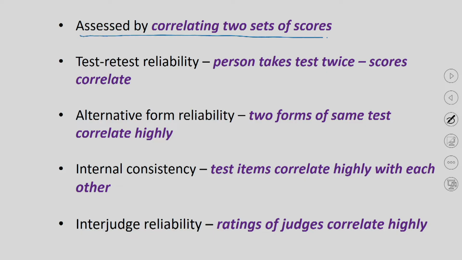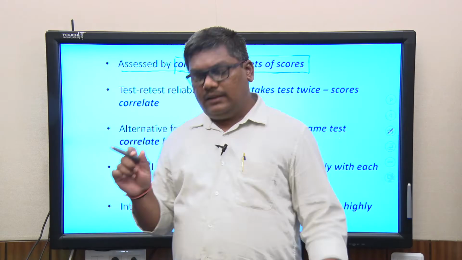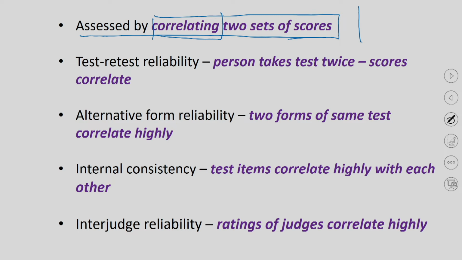So, how do I measure reliability? The measurement of reliability is done by correlating two sets of scores, which means that the measurements that I am getting, say if shop 1 is giving me 1.1 meter and shop 2 is giving me 1.01 meters and it is 1.02 meters, and so on and so forth.